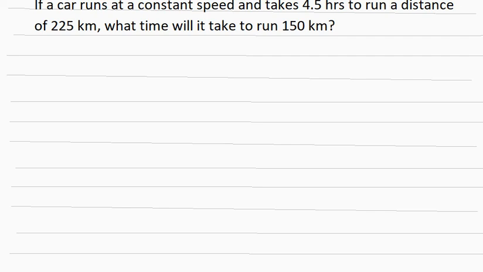So this is the time it takes this car to run this distance. And we are told that it is moving at constant speed, so it is still this same speed that is going to be used to run this number of kilometers. So in this case, what you need to solve for is the speed.